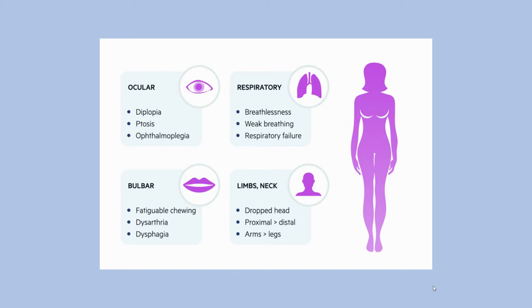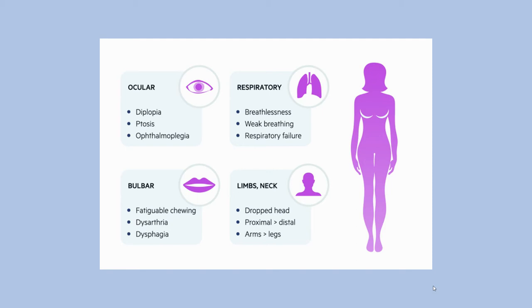And then with respiratory, in more of the severe cases, we really have to watch out for just muscle weakness in general with not being able to breathe. There's breathlessness, respiratory failure. They have very weak breathing. They're probably more inclined to develop pneumonia and infections and atelectasis. And then the limbs and neck. So that's more your generalized.